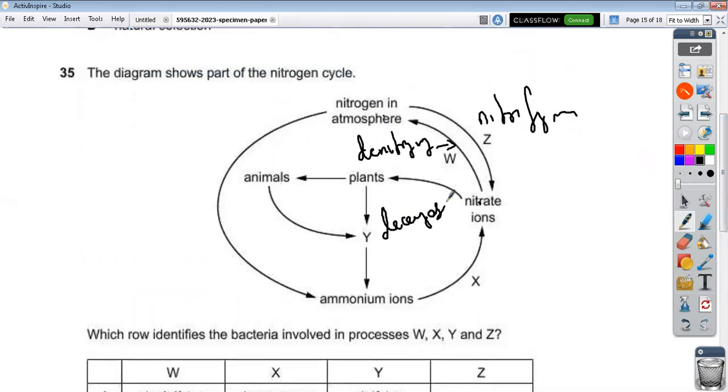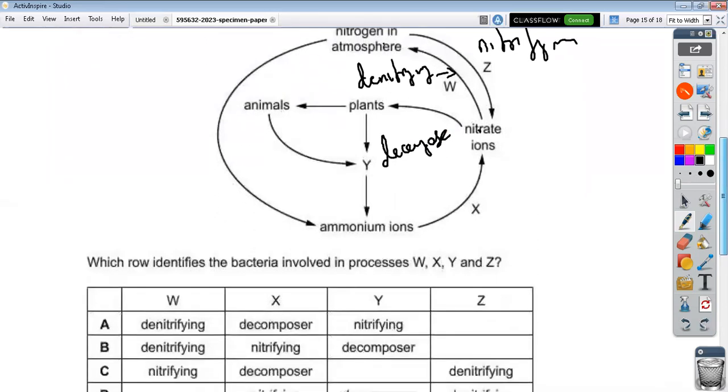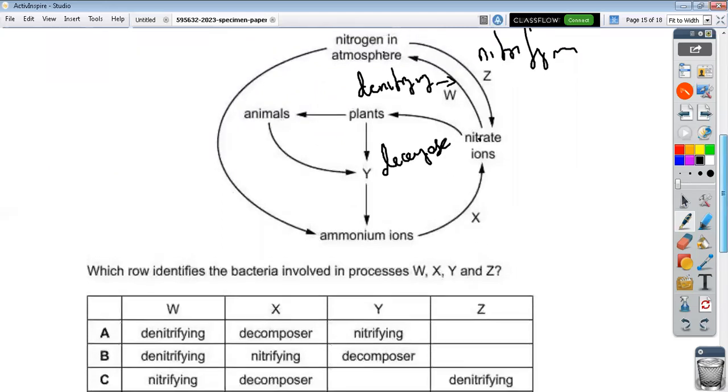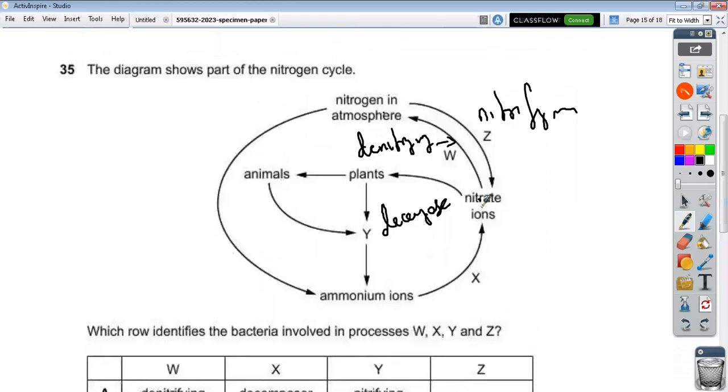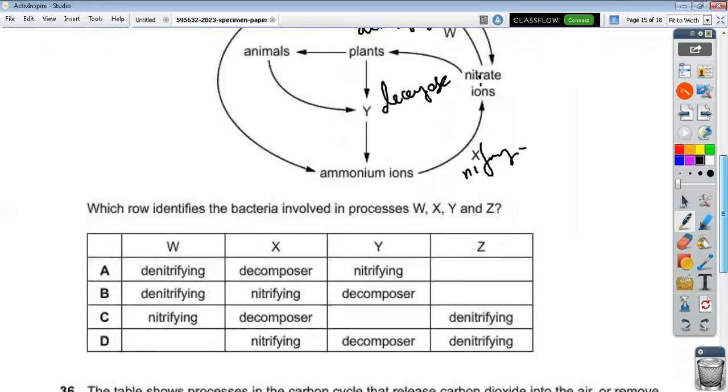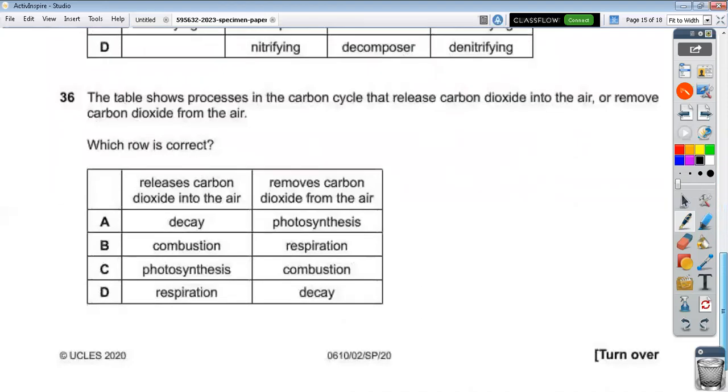The decomposer is responsible for that. Then the X, when nitrate ions are being formed, it's also nitrifying. Clear? Yes. I think this was just a typing error. Clear?